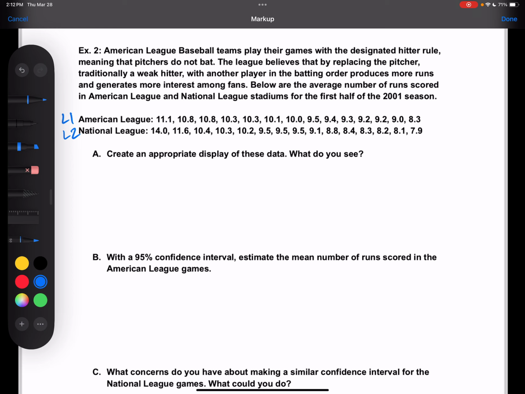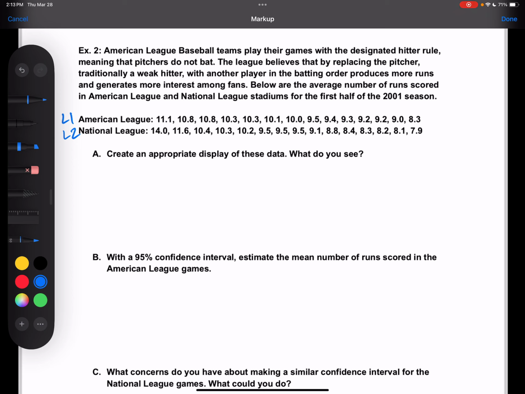What do you think might be a good way to display this data? We can do a histogram, perhaps? That's one option. Or like the box and whisker plot thing. Yes. Do you remember parallel box plots?